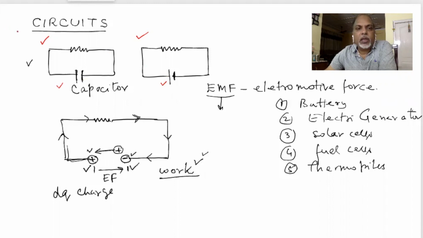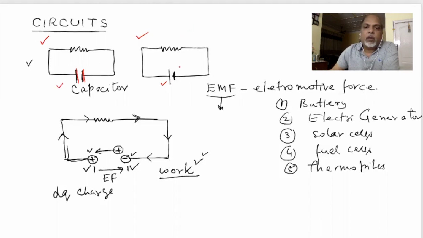One way is to attach a capacitor, but a capacitor discharges very quickly. When it discharges, the positive charge carriers move, but after some time the movement of the carriers will stop because both the plates will be at the same potential.